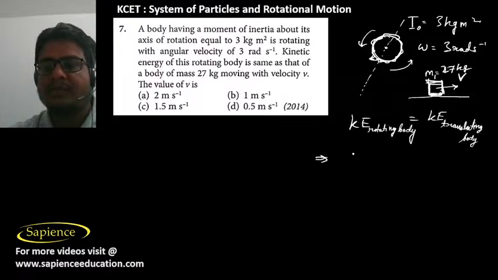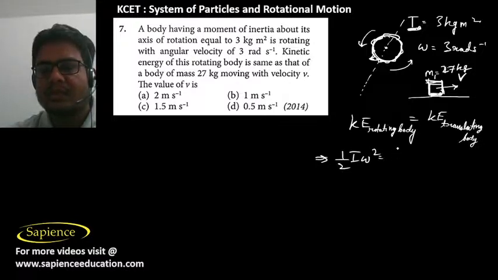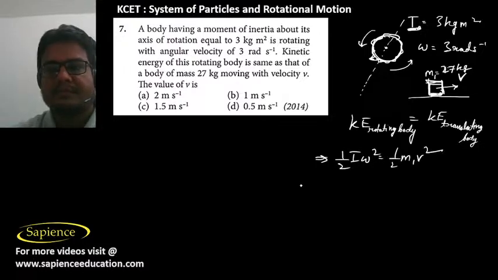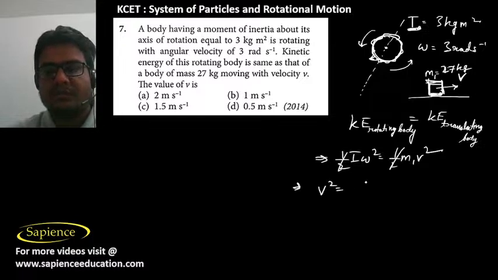So it means that half I omega square is equal to half m1 v square. Half and half will cancel, and we need to find this v. So v square will be equal to I omega square by m1.